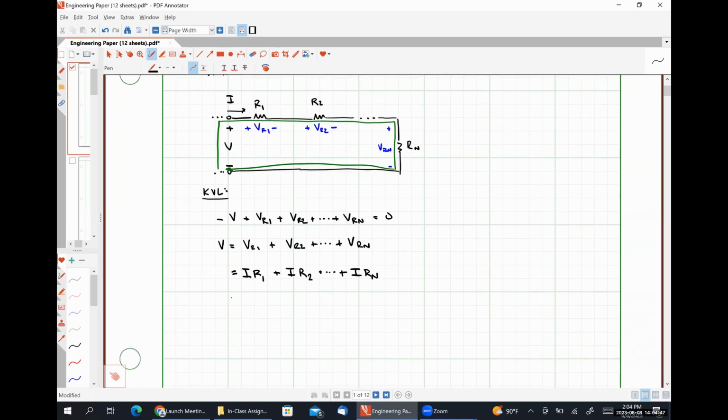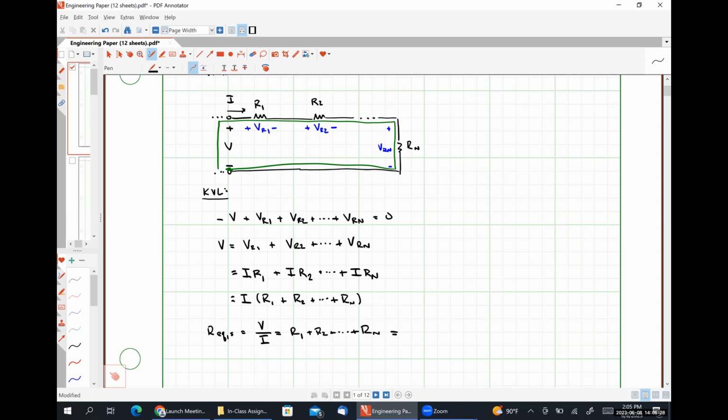We can see very easily that all of these terms have a common factor of I, so that it will look like I times R1 plus R2 all the way out to Rn. Our equivalent resistance, REQ,S, so the equivalent resistance for series resistors, is, according to Ohm's law, simply the ratio of V divided by I, which comes out to be R1 plus R2 all the way out to Rn.